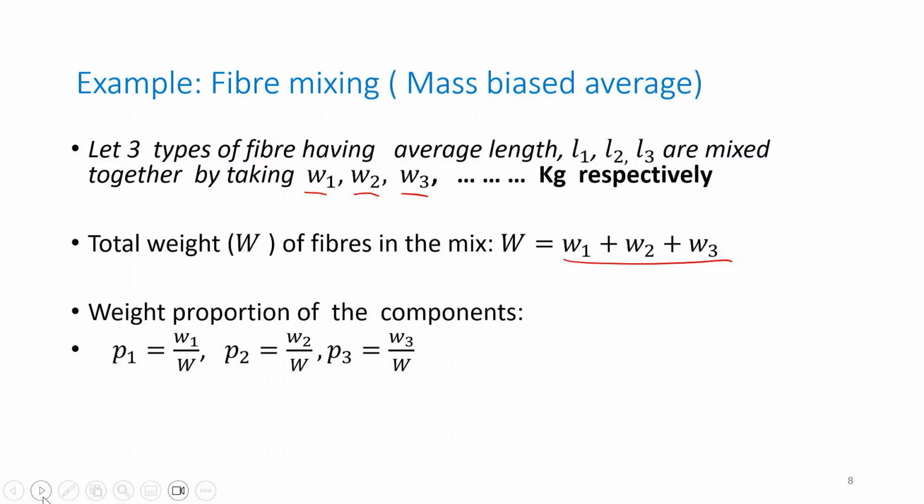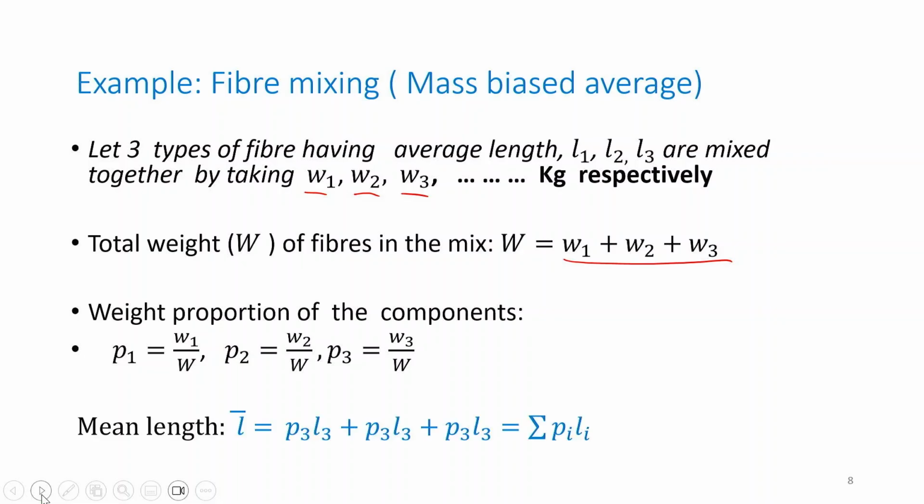So the mass base average, this is what we are going to calculate. So now the proportion has become P1, P2 and P3 for these three different categories of fibers, where the fibers are classified according to length.